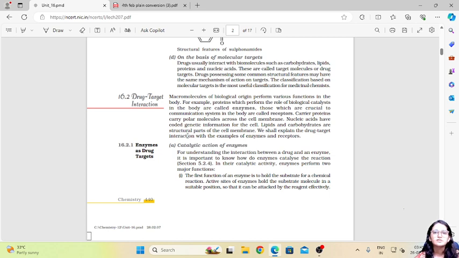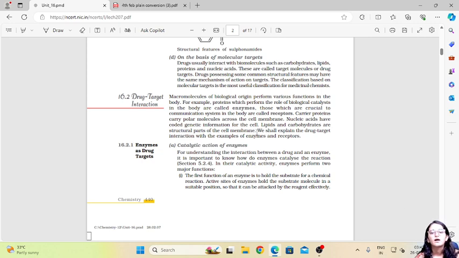Now, the drugs which we take to cure a particular disease, how do they produce their effect in our body? That basically depends on the drug target interaction. In that we will see how enzymes and receptors play an important role.